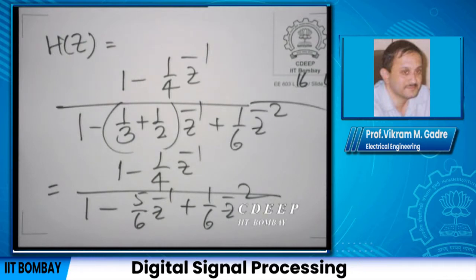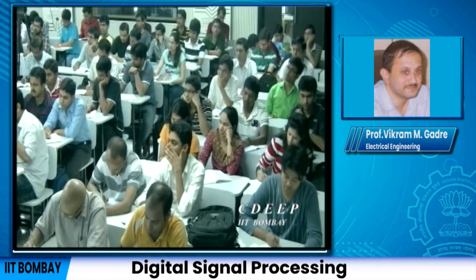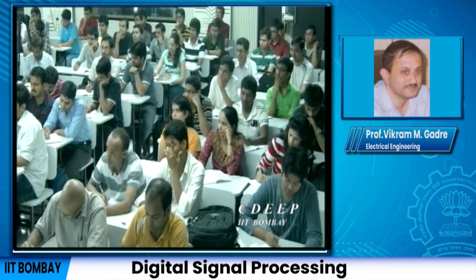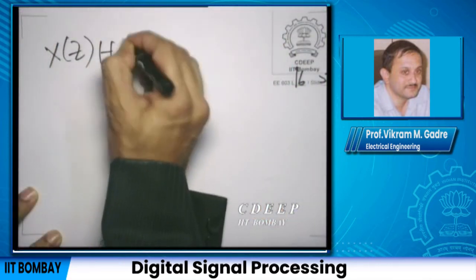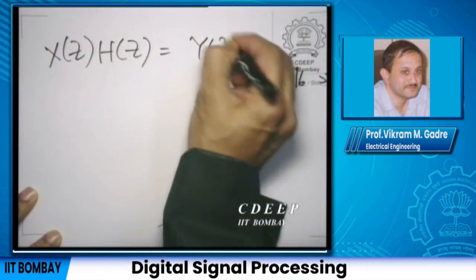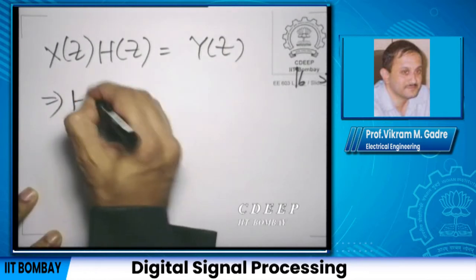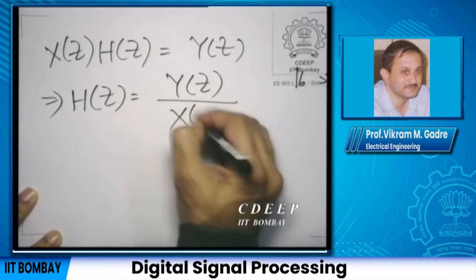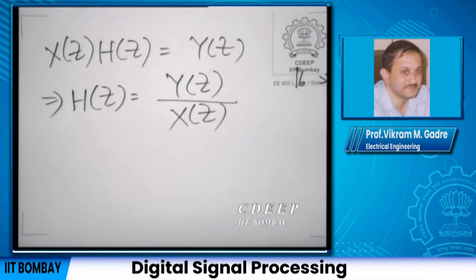Now, what is H(z)? H(z) is the ratio of the output Z transform to the input Z transform. In fact, that is obvious because the input Z transform multiplied by H(z) would give you the output Z transform: X(z) multiplied by H(z) gives Y(z). Another way to understand the system function is the ratio of the output Z transform to the input Z transform.